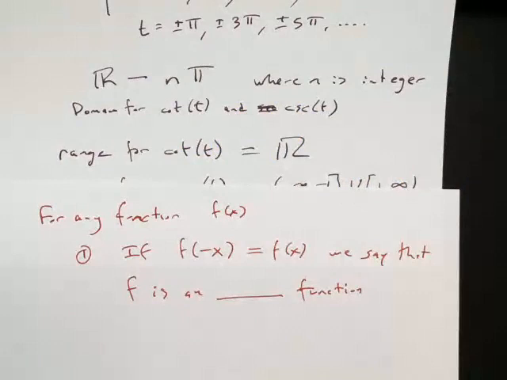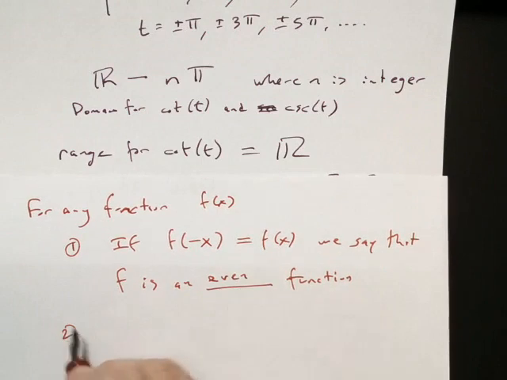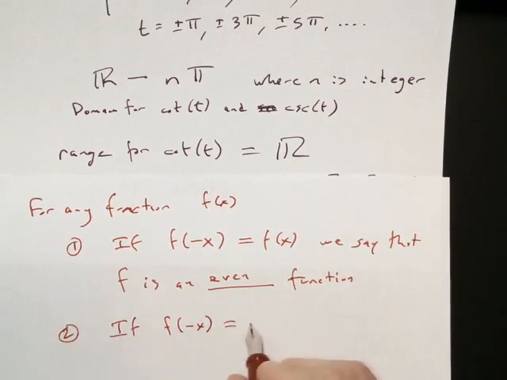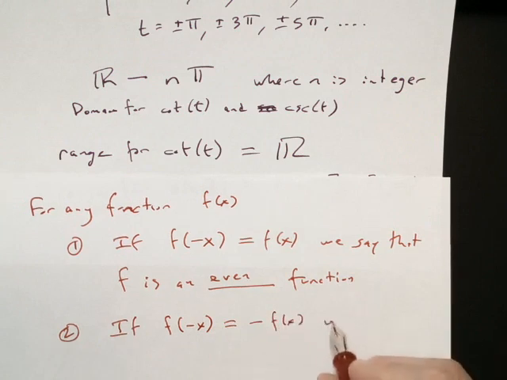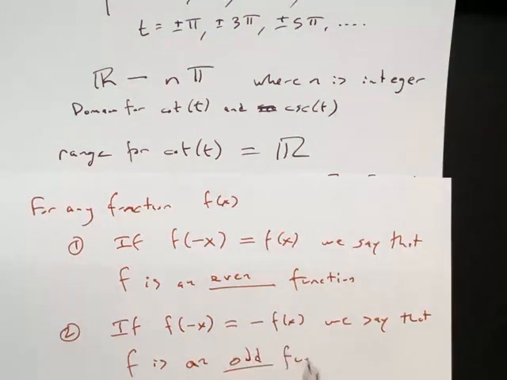The word that should be in that blank is the word even. And then number 2, if f of minus x is the opposite of f of x, we say that f is an odd function.